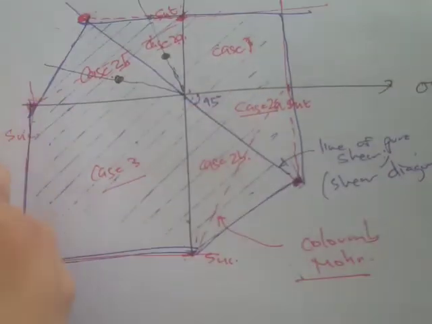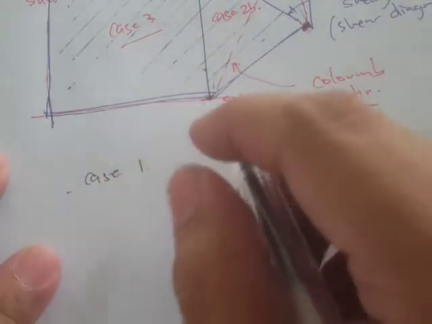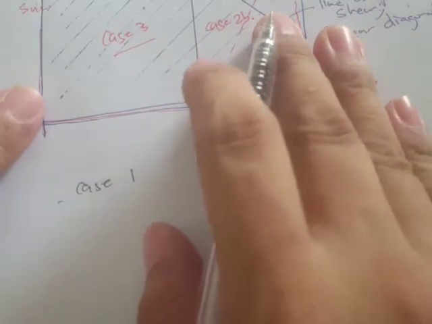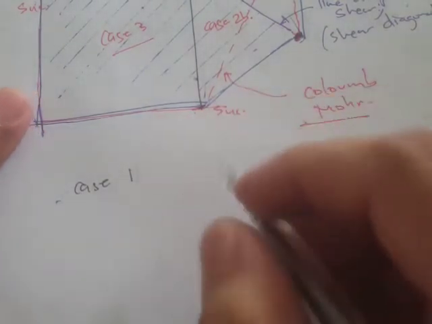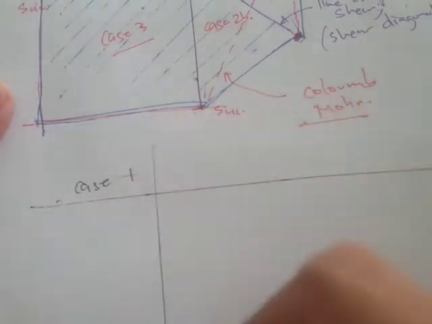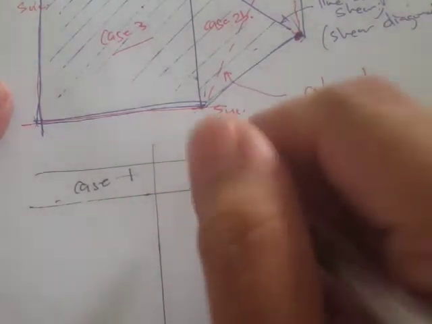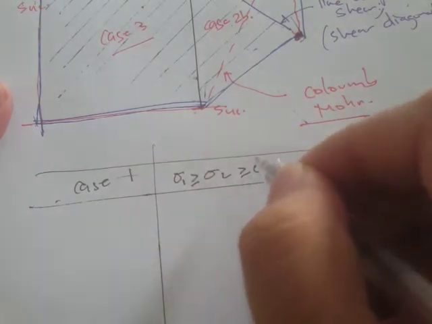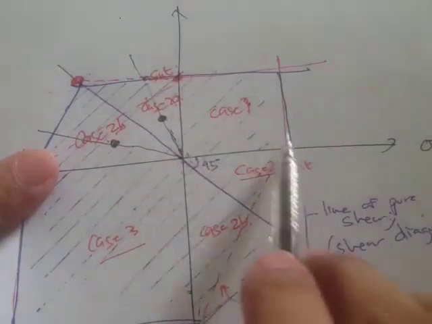Now for the equation for case 1, this is also in our lecture handouts in table 8-4, equations for the modified Mohr theory. For case 1, the condition is that sigma 1 is greater than or equal to sigma 2 is greater than or equal to sigma 3, and that just means that the principal stresses are in tension.